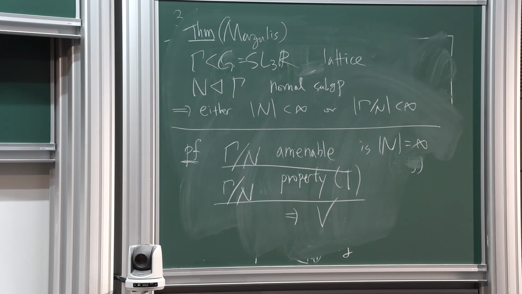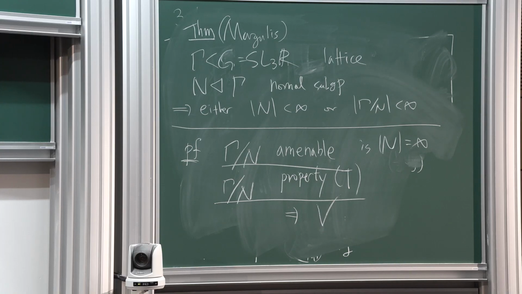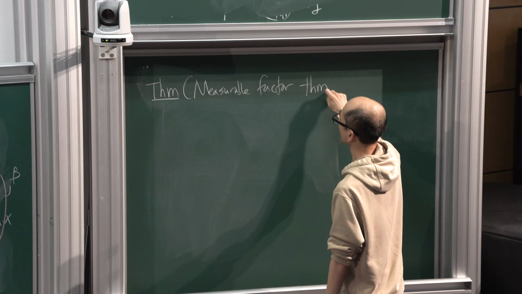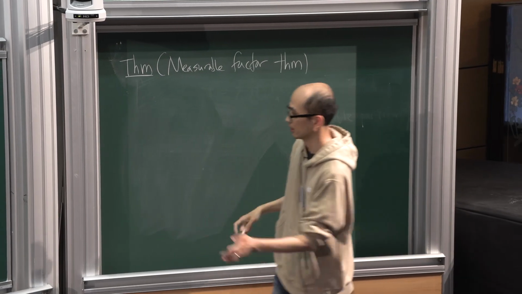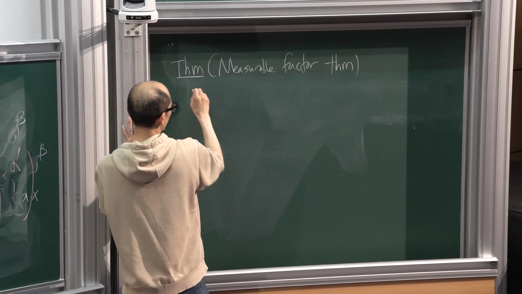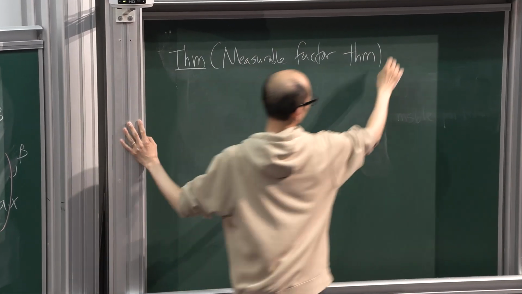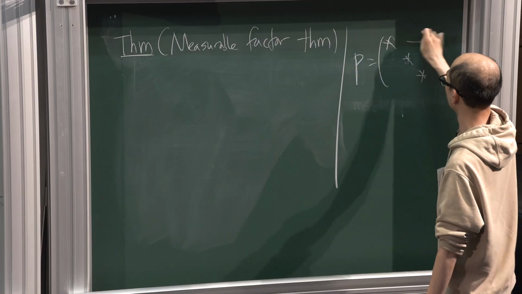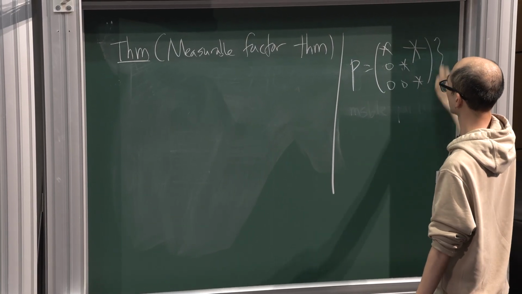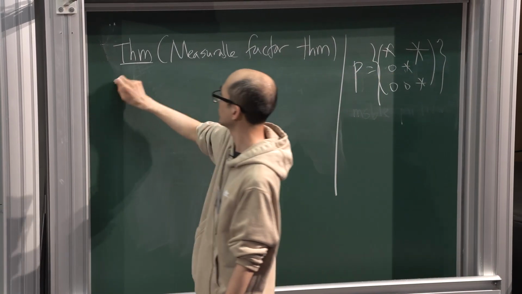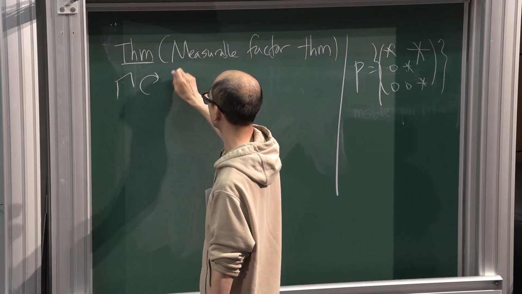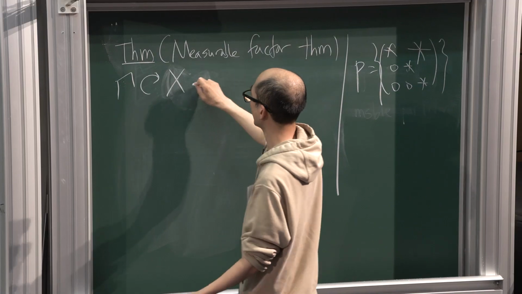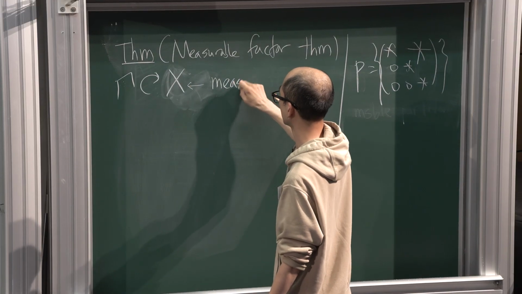Actually, Margulis really showed the following: the measurable factor theorem. And I stated the theorem in the exercise more carefully. So let me say this. Let's say P is the upper triangular subgroup. And now let's say gamma acts on X, mu X. This is a measure space, a measurable space.